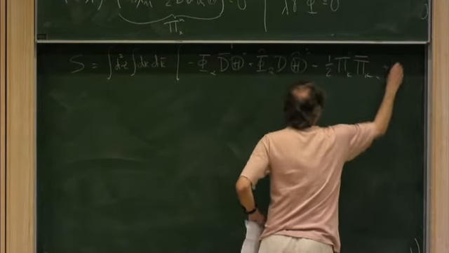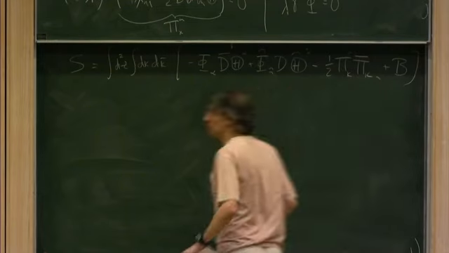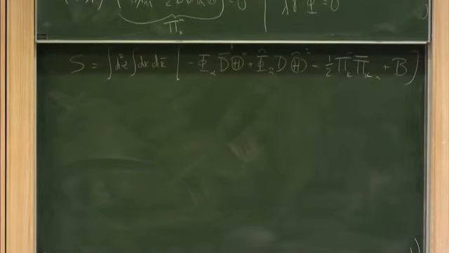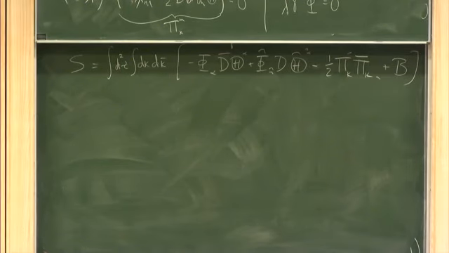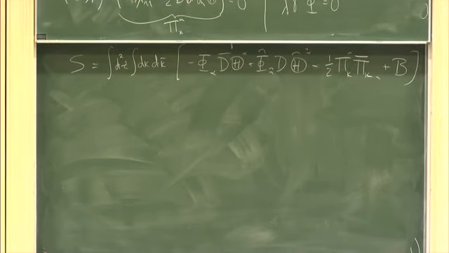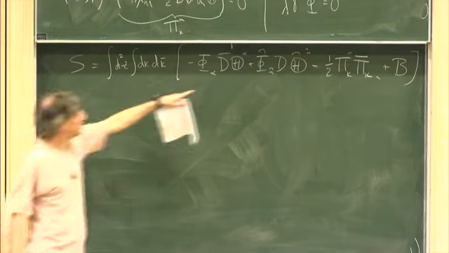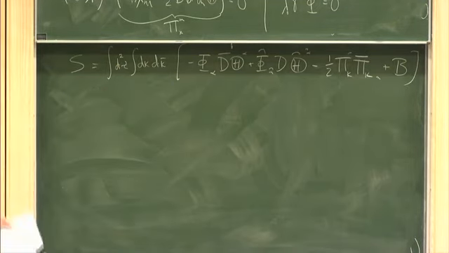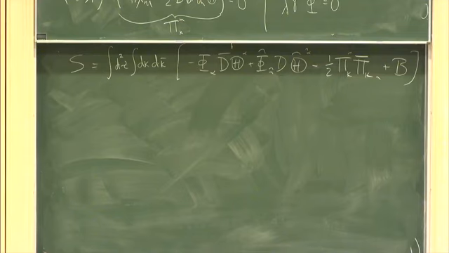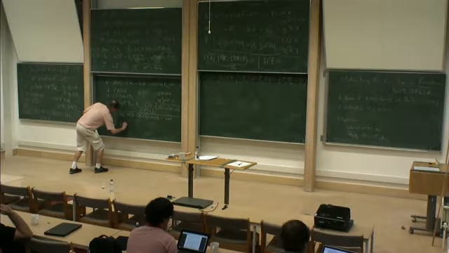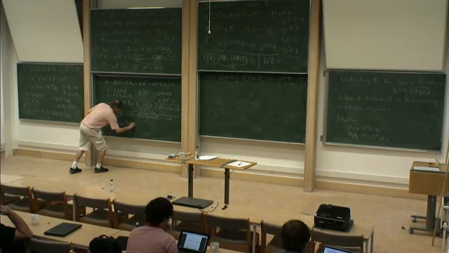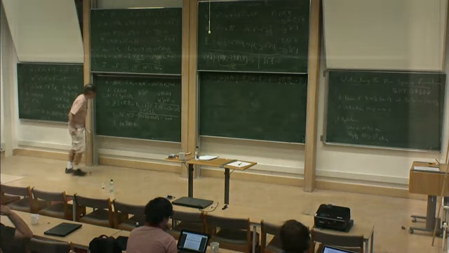And finally, you need to add a b term, which is the analog of this. Essentially, you just replace these ddz bars and ddz with just the worldsheet, capital D bars and capital Ds. Okay. B, I got B tilde, just D bar. Okay.